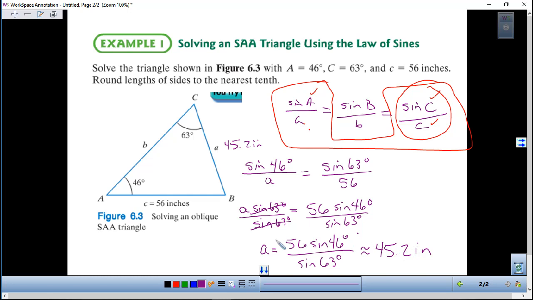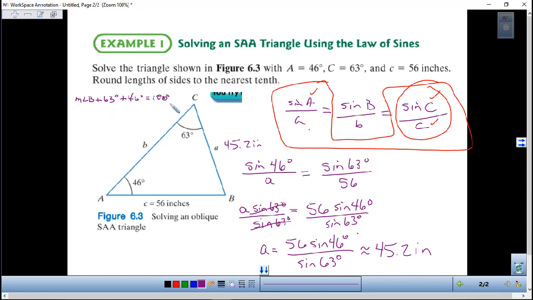Now, once we have this angle and this angle, which we already had to begin with, we can go ahead and find this angle, right? Because we know 46 plus 63 plus angle B must equal 180 degrees. So the measure of angle B plus 63 degrees plus 46 degrees equals 180 degrees.